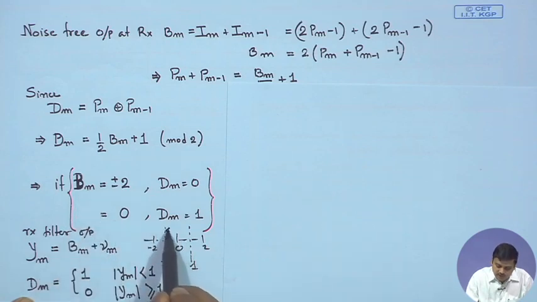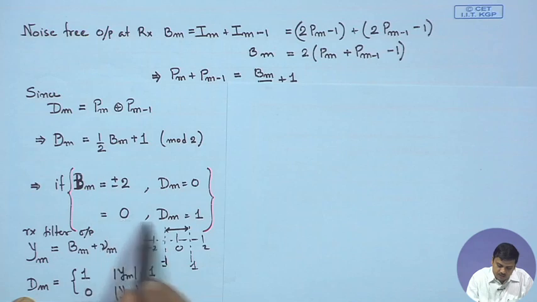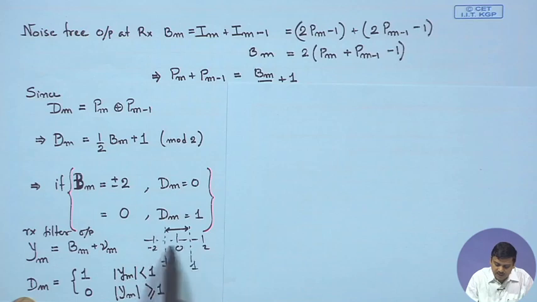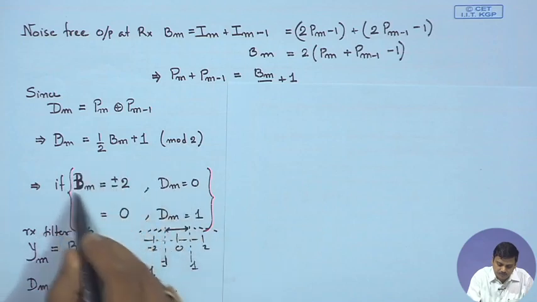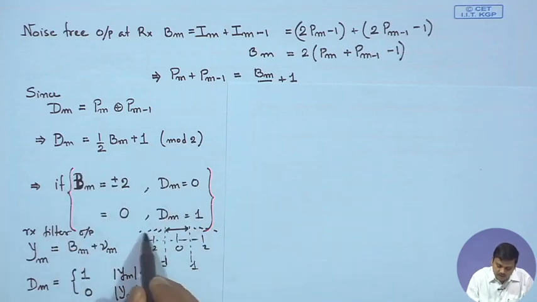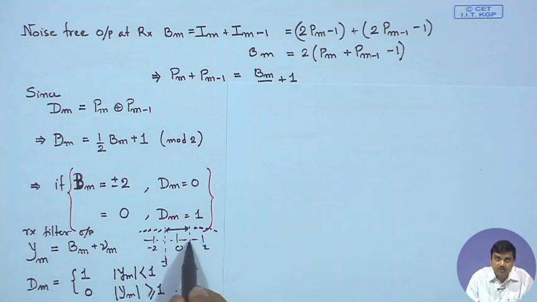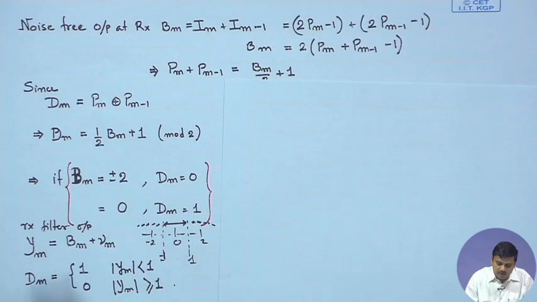So, if it falls within this range, I would declare that data received is 1, that means if this is 0 it is 1. So, going by this, if the received signal with noise is lying within this range plus minus 1, I would decode it as 1, whereas if it lies in this range I would decode it as 0, going by this. Look at this, this connected with this range and which is depicted that y m is greater than 1. So, this is midway between and we get d m. So, this is how we would build our receiver.